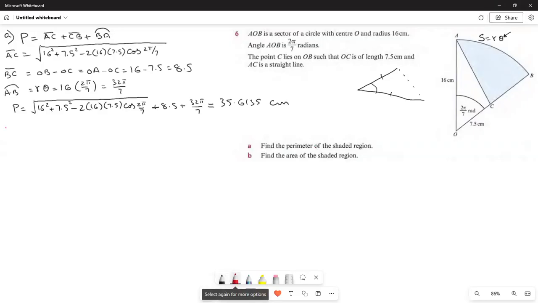Okay. Now let's do part B. Let me change the color. Part B is find the area of the shaded region. Okay. Now, how can I find the area of this shaded region?